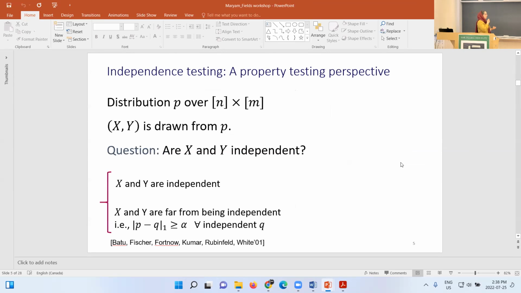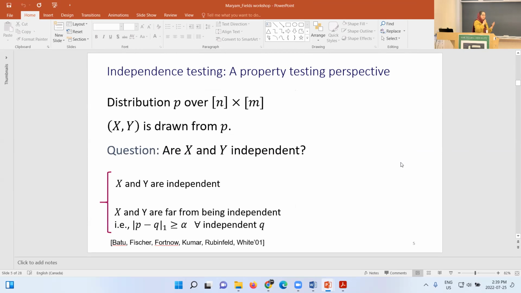We have a distribution over a two-dimensional domain, and we receive a list of pairs, (x, y)'s, as samples from this distribution P. And our goal is to test whether x and y are independent from each other or not.